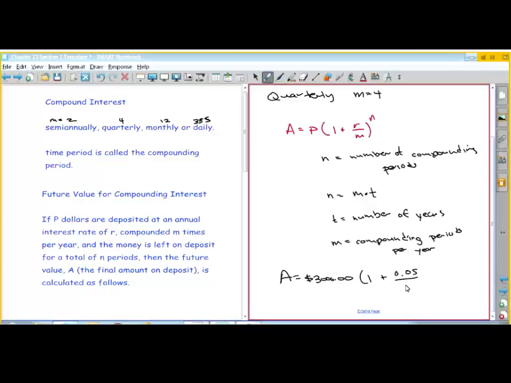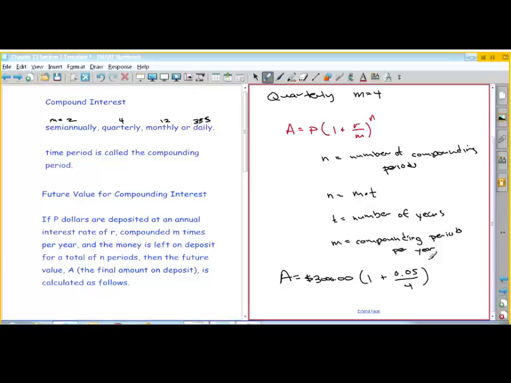So what happens when you divide by M, which in this case is 4, is that it gives you the interest rate per period. If you have 5% per year, then you have 1.25% per 3 months. If you did it monthly, you divide 5 by 12, and that fraction would be the interest rate per month.